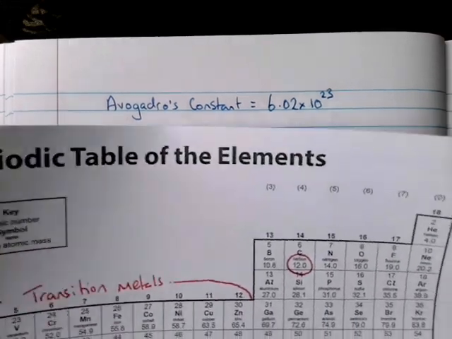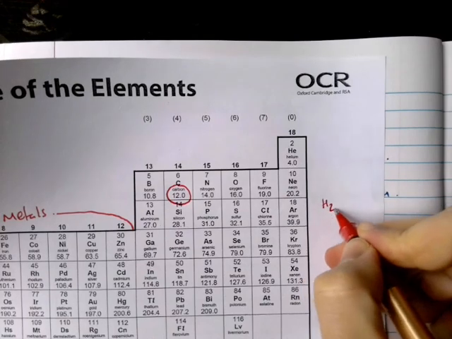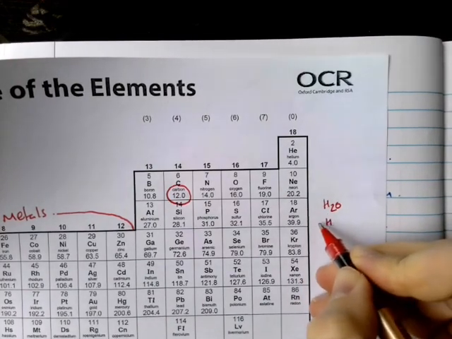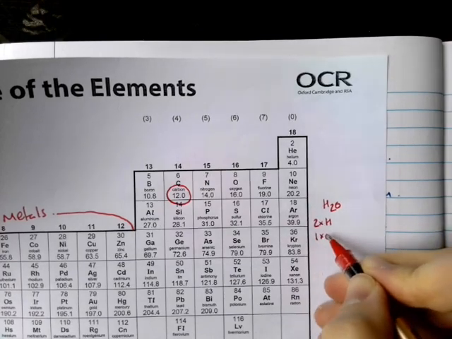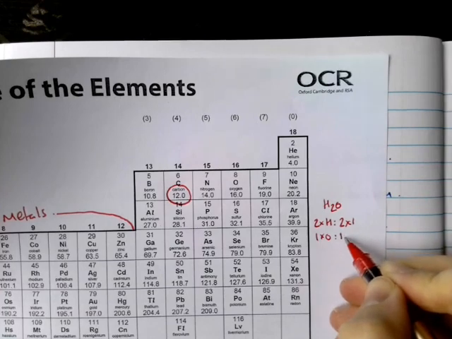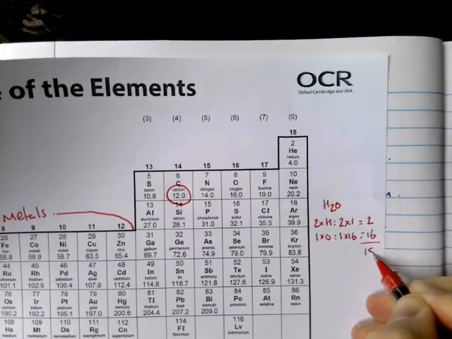And the relative formula mass of water, so H2O, well, I've got 2 hydrogens, so that's 2 times hydrogen, 1 times oxygen. Hydrogen is 1, so it's 2 times 1. Oxygen is 16, so it's 1 times 16, so I have 2 and 16, which adds up to 18.